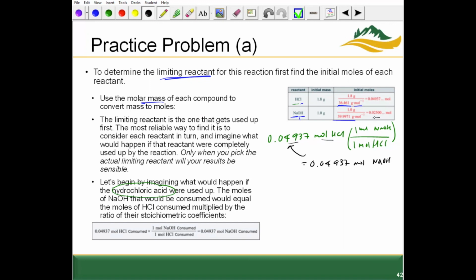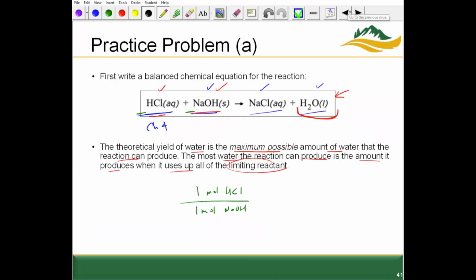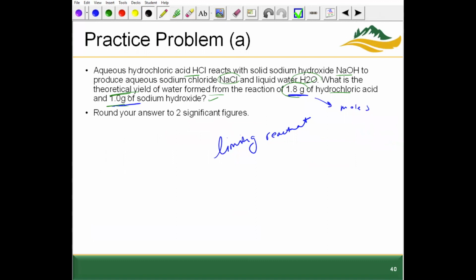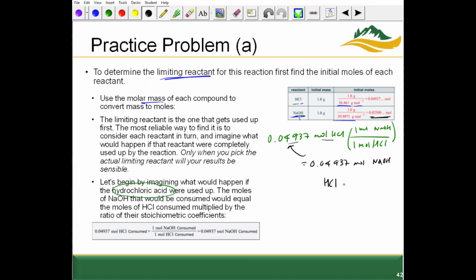Do we have that much that we started with? We only have 0.025 moles of NaOH. We got that amount from this starting amount of 1.0 grams of NaOH. That means the HCl is not limiting, right? We didn't have enough NaOH to match this amount of HCl. So HCl is not limiting.